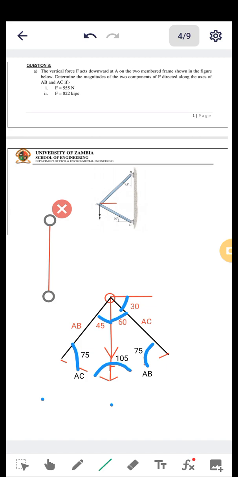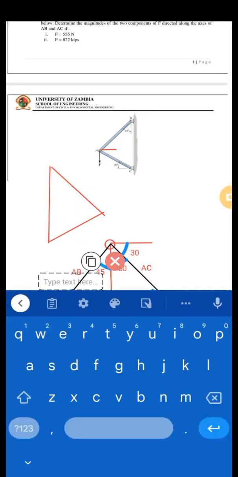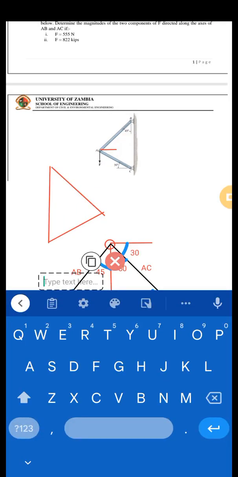Okay, so that is our resultant. Then we also have the force which is coming this side, and the force which is going that direction. So let me name them.